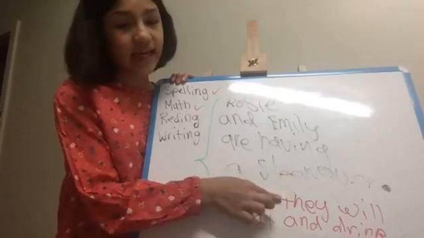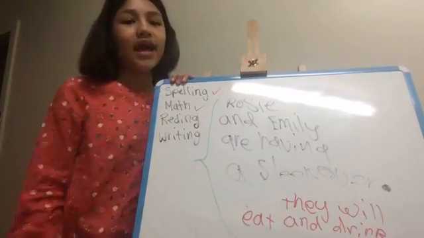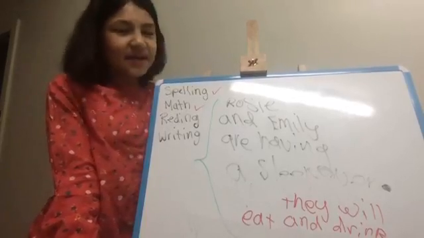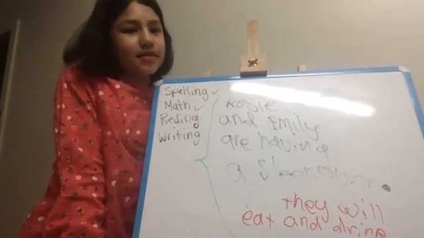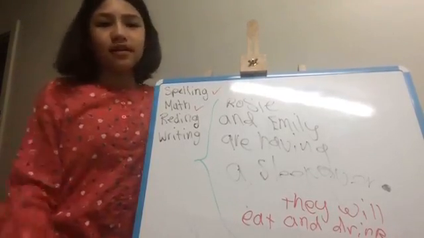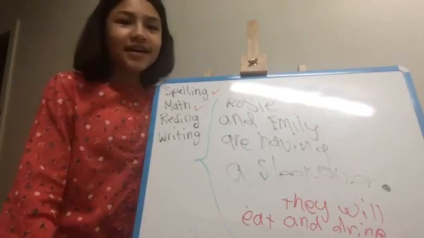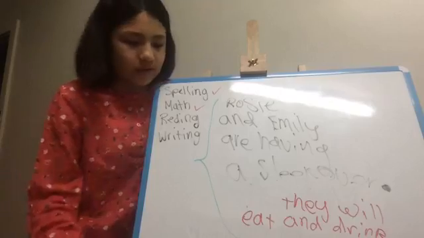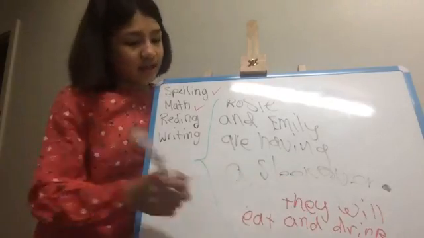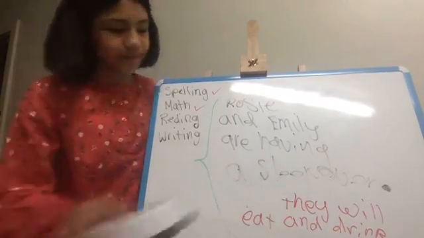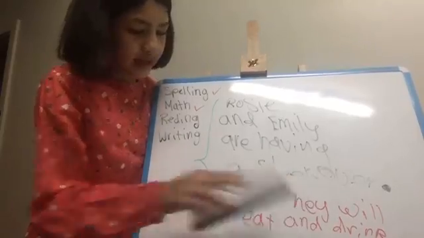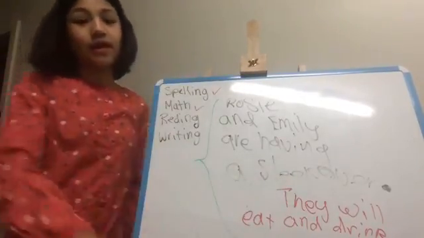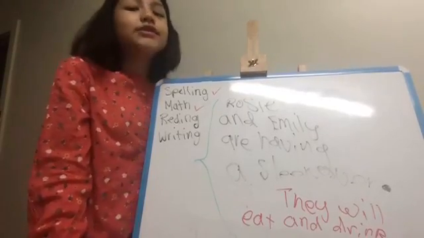They, the T, is a lowercase. But it has to be an uppercase because that's just the rule. You can't make another rule. That's always the rule. So after the full stop, it's a capital. They will eat and drink.